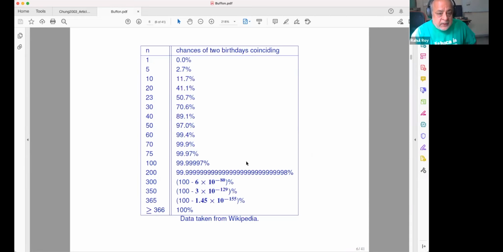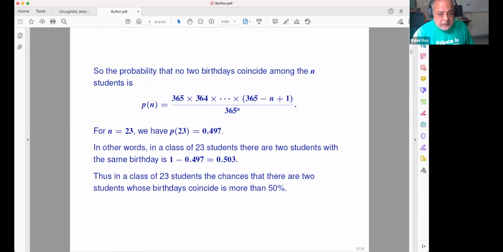Okay. So let us now just see. This is data taken from Wikipedia. So when n equal to 1, there's only one student in the class. Of course, there are no two birthdays because there's only one student. When there are 5 students, the same calculation, which would be 365 multiplied by 364, etc., 365 minus 5 plus 1, in other words, 361.